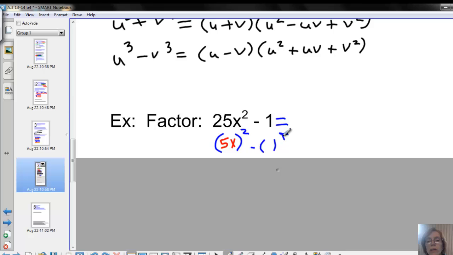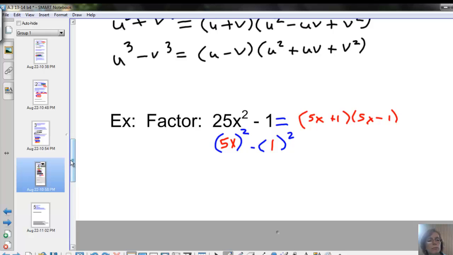That's supposed to be squared. So what would we need to factor here? There we go. We would need to write 1 squared. So this is going to factor into 5x plus 1 times 5x minus 1.